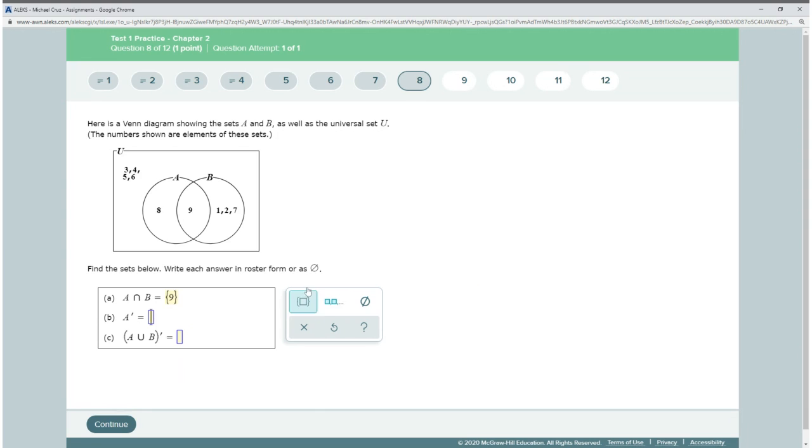All right. Now here's where you got to pay attention on these complements. This is the way I kind of handle it: if we just cover up A, the whole of A, which includes that 8 and that 9, what's left over?